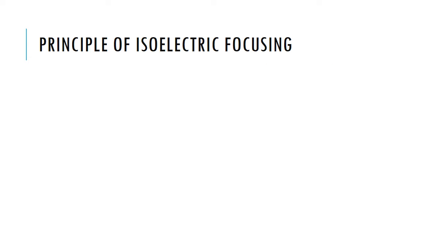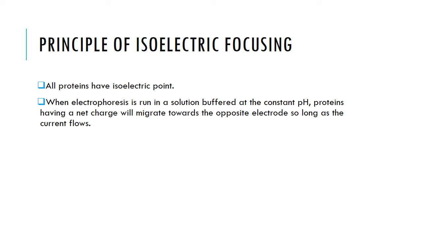Okay, so now what is the principle of isoelectric focusing? We need to understand that all proteins have an isoelectric point, so each protein has its own isoelectric point. When we get a certain protein, we put it in a buffered solution at a constant pH, and we expose it to electrophoresis.